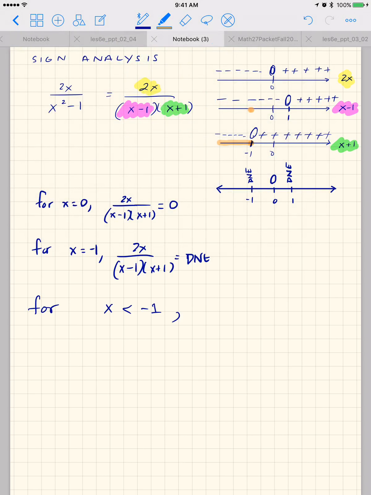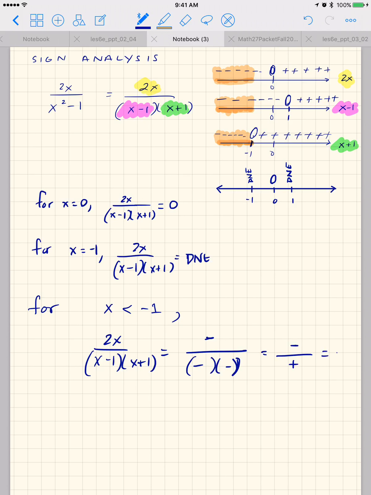We've got essentially a negative number divided by a negative number times a negative number. So 2x over (x minus 1)(x plus 1) is a negative number divided by a negative number times a negative number. That's the same thing as a negative number divided by a positive number, which is going to be a negative number. So all here I've got negative, negative, negative.